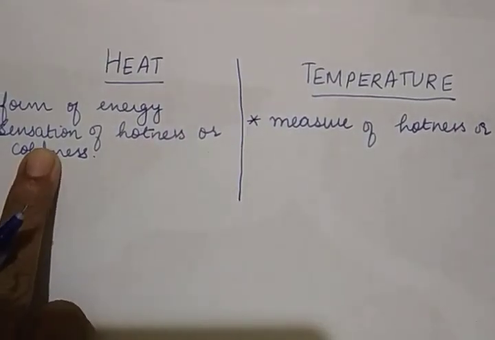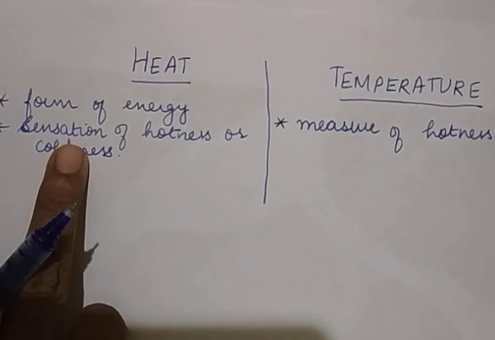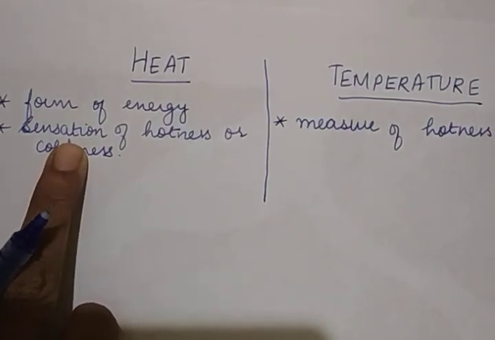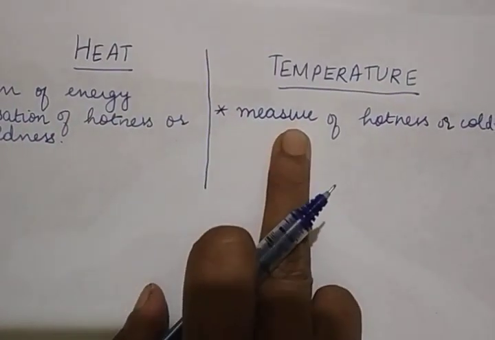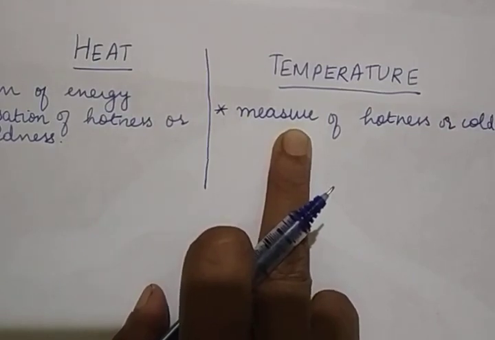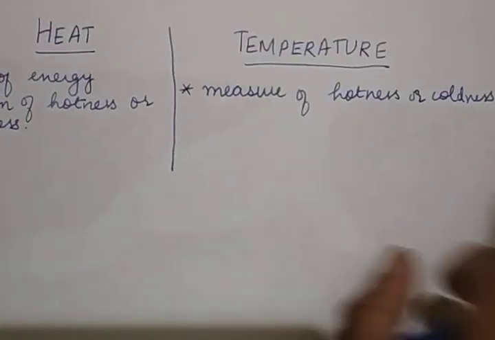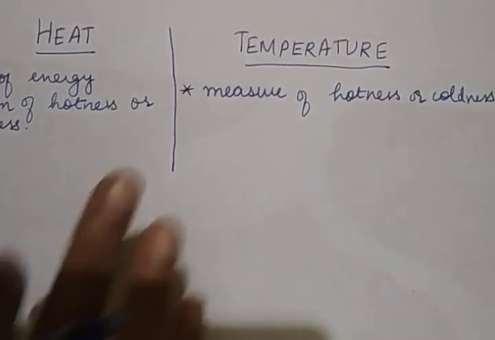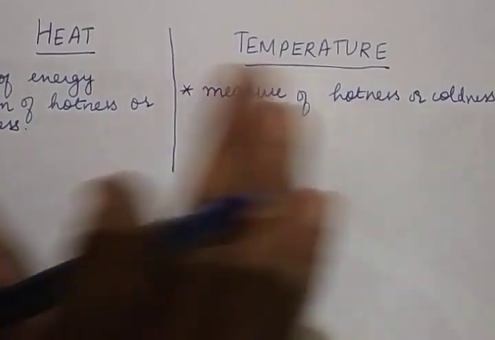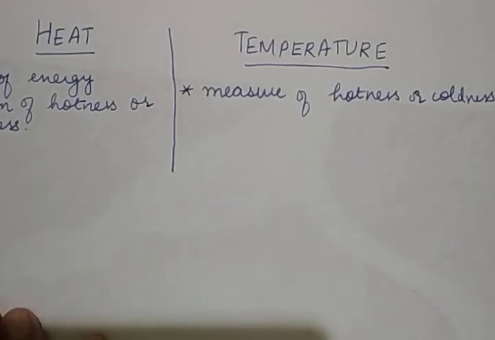From heat, you may not know how hot or how cold the body is. It only tells how much energy has been transformed. Whereas in case of temperature, it will tell you exactly how hot or cold the body is. These are 2 terms for which there are 4 differences given in our book.